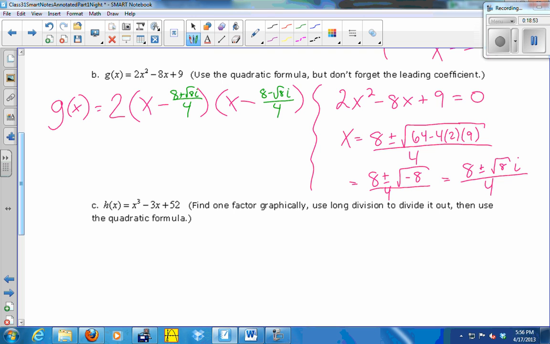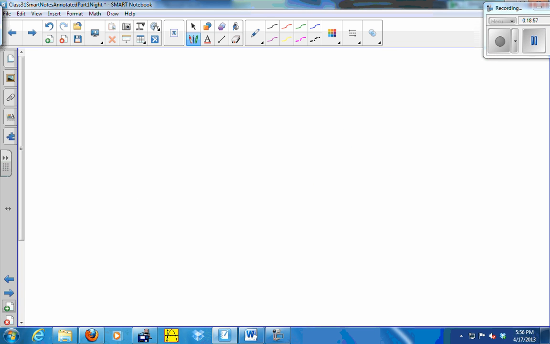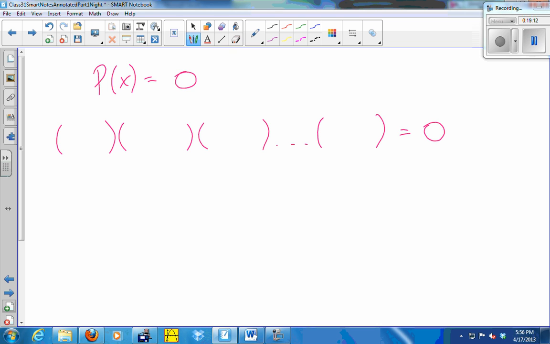So yeah, go back to when you know factors, you know zeros, because if you have some polynomial p of x and you're trying to set it equal to 0 and solve, if you can factor p of x, then you can get the zeros because you take each factor and set it to 0, right?